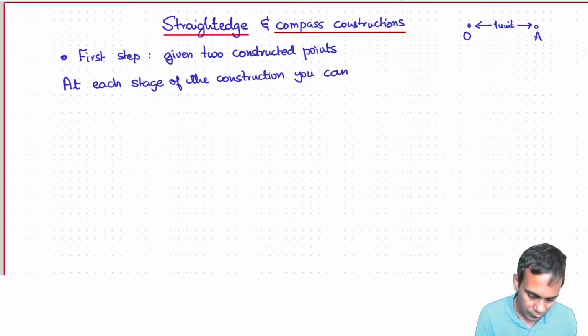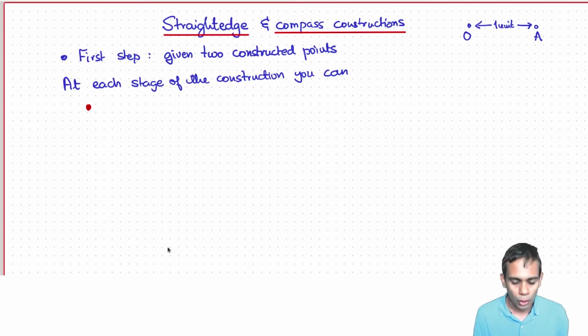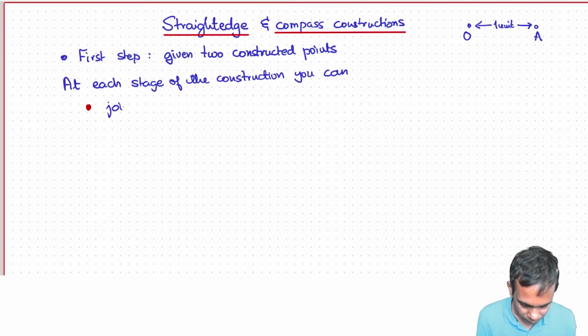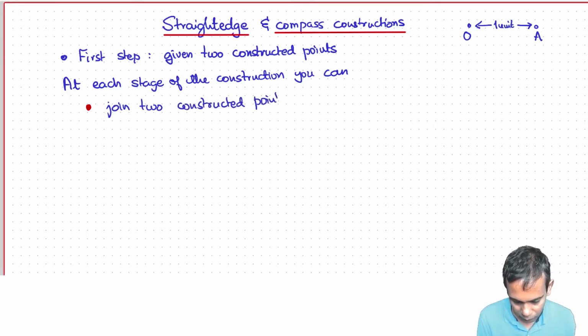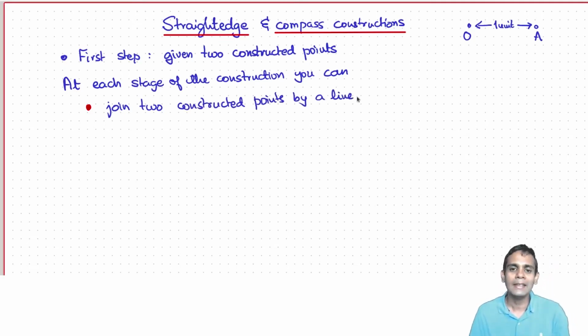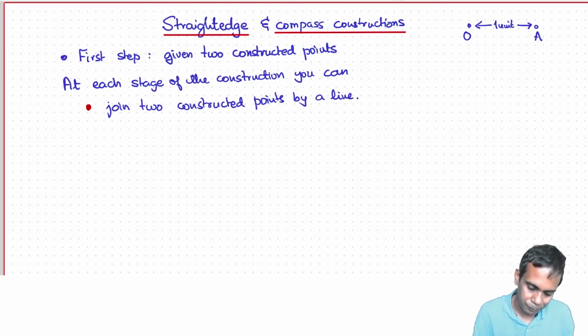So firstly, you can join 2 constructed points by a line. When you join 2 constructed points by a line, then that line is among your list of constructed objects. So that line has now been constructed.